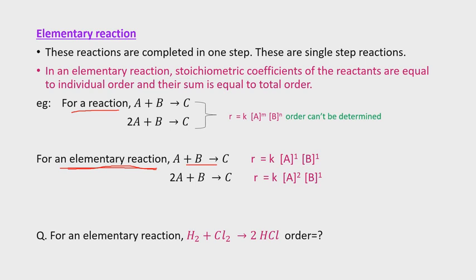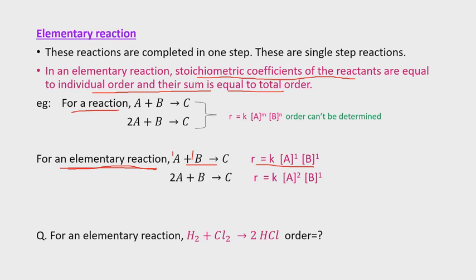Means for an elementary reaction, look at the second statement, stoichiometric coefficients of the reactants are equal to the individual order and their sum is equal to the total order. So an elementary reaction has been given to you. Here A, stoichiometric coefficient 1, B, here also 1 is present. So R equal to K into A power 1, B power 1.